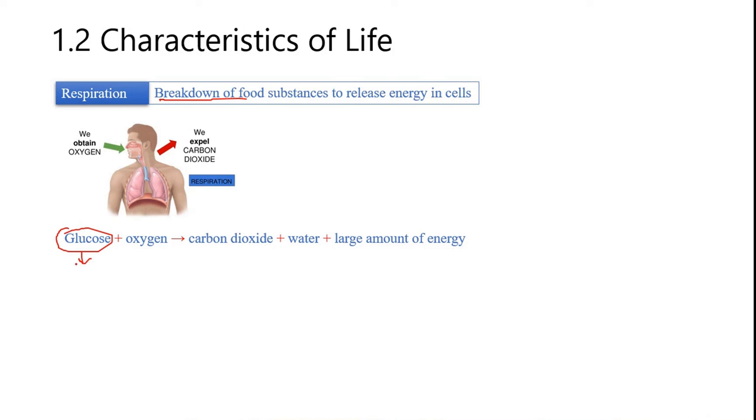Actually, glucose is a large molecule, and we break down the glucose into small molecules. The oxygen will react with the glucose, producing carbon dioxide gas, water, and then energy. It's why after eating, the temperature of our body increases, because energy is produced.